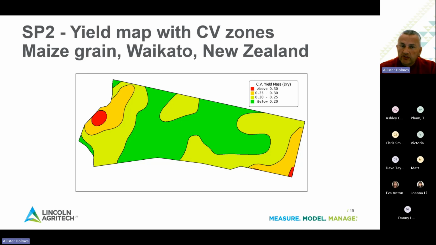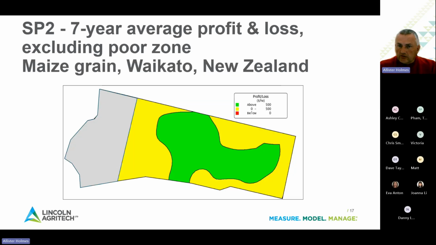So if we go back to here, what the grower can do in this situation is grow the paddocks adjacent to this maize paddock in oats for silage, and so they are growing this grey area here now in oats for silage or grass for hay.